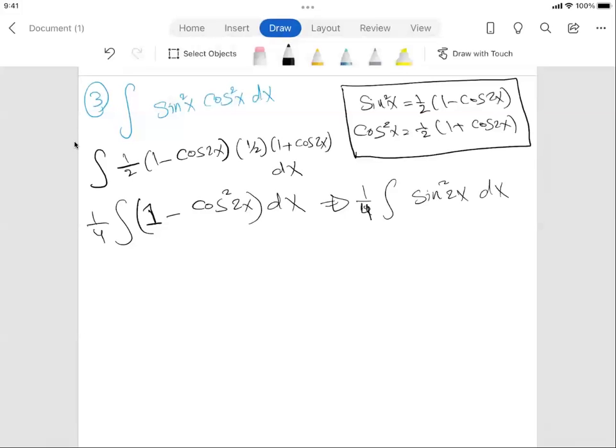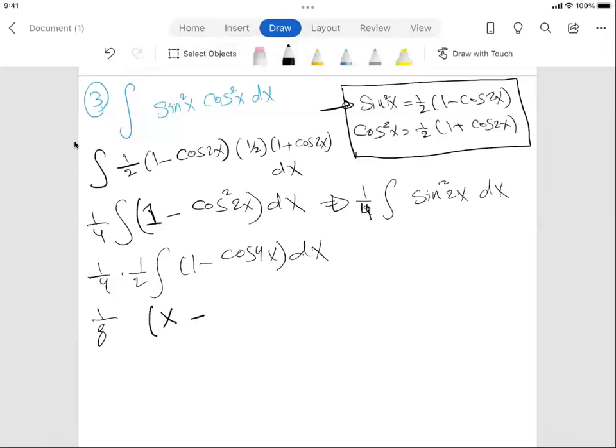And now we'll use the formula again. So 1/4 times 1/2 integral of 1 minus cosine double angle, which become 4x dx. So 2 times 4 is 8. Now integral of 1 is simply x.